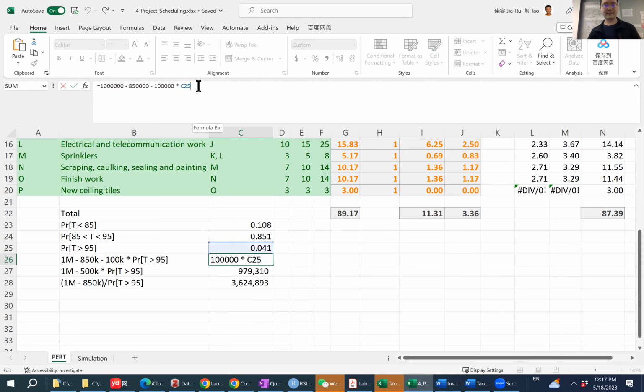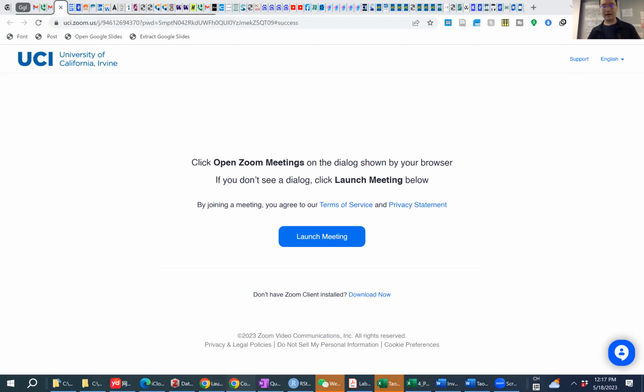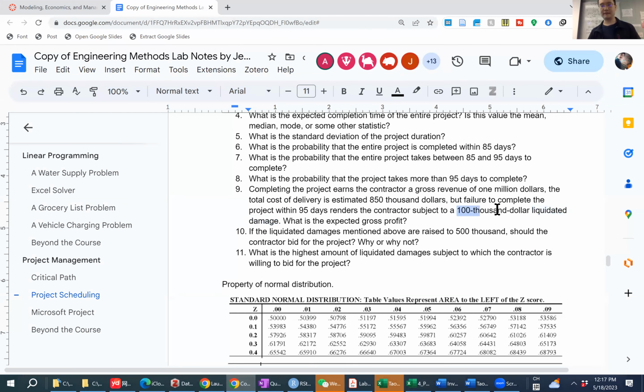So we calculate this quantity as 1 million, that's the revenue, minus 850,000, that's the cost, then minus 100,000 times the probability of the project exceeding 95 days to complete. So this quantity, 100,000 times the probability that T is greater than 95, is the expected value of the liquidated damage. Notice here the total possible quantity of liquidated damage is $100,000.